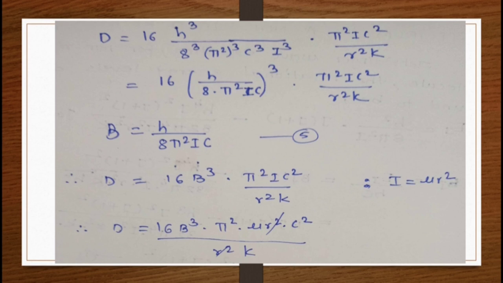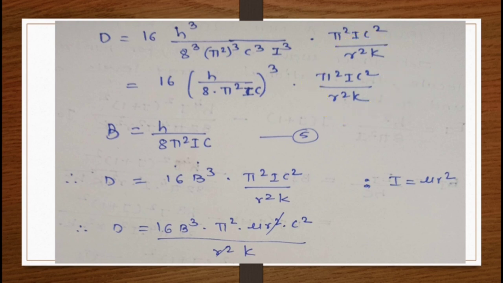Now see here, all the terms are in the form of a raised to power 3. So just take the cube of all the values and rewrite the equation like this: 16 in bracket h upon 8 pi square c I, and the bracket is to the power 3, and this part is written as it is here.